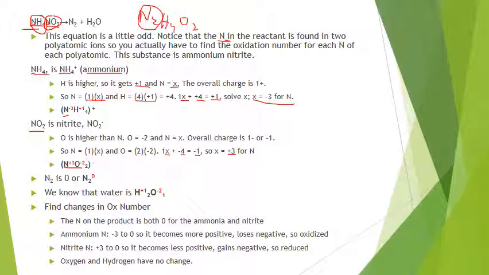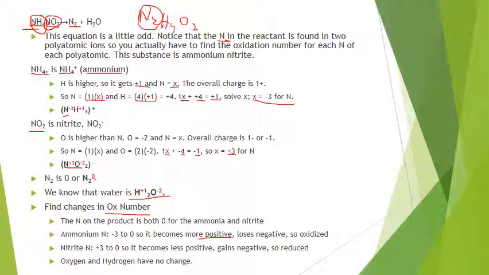So then the nitrogen product is all by itself, so it gets an oxidation number of 0. So let's find the change in oxidation numbers. Nitrogen in the product is 0 for both. So the ammonium goes from -3 to 0. That means it becomes more positive.